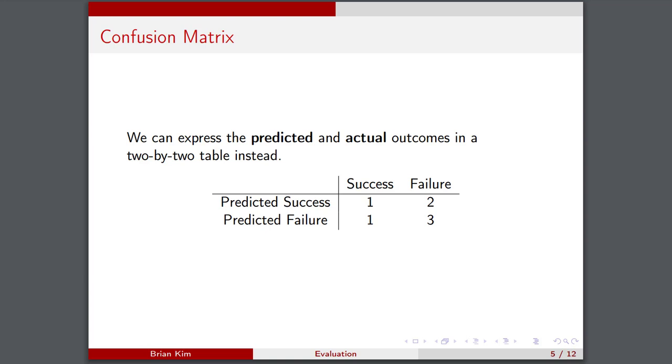Based on this, we can look at, for example, how many predicted successes were actual successes. Okay, so we're going to be looking at this table a lot. It succinctly describes the information that we need from our predictions and from what actually happened.